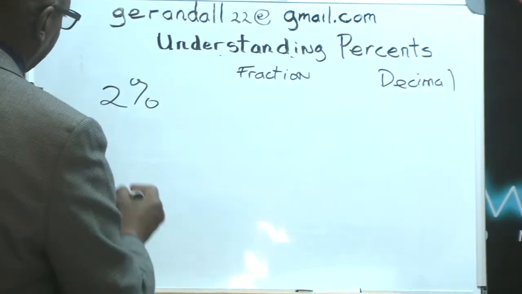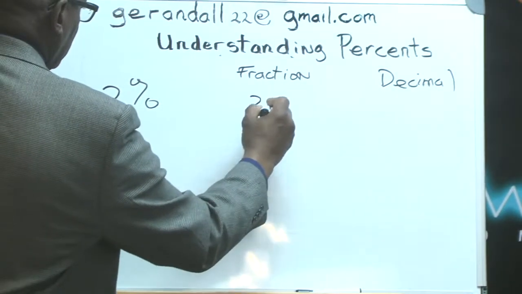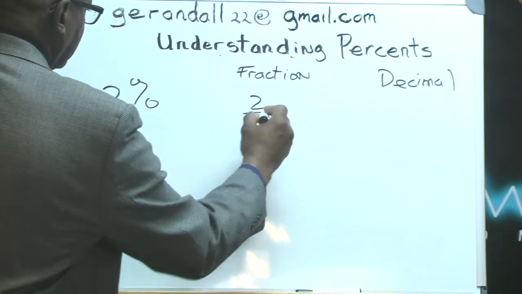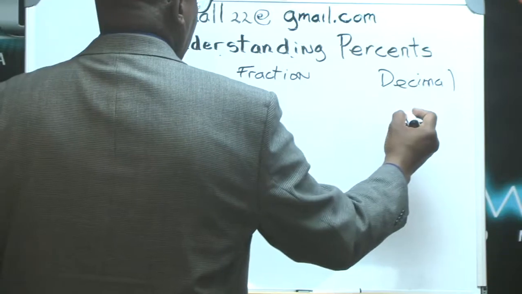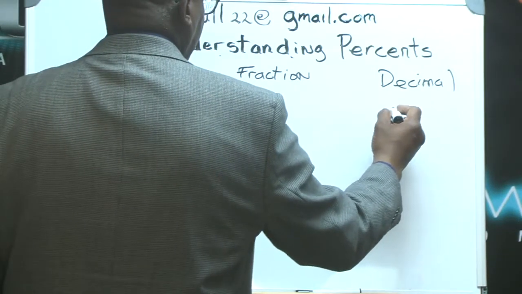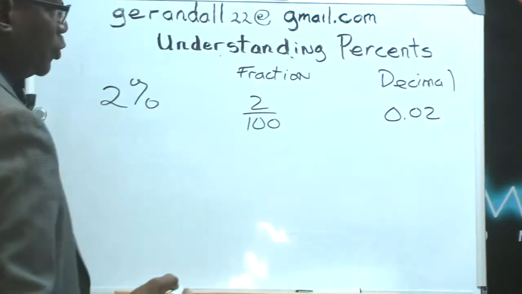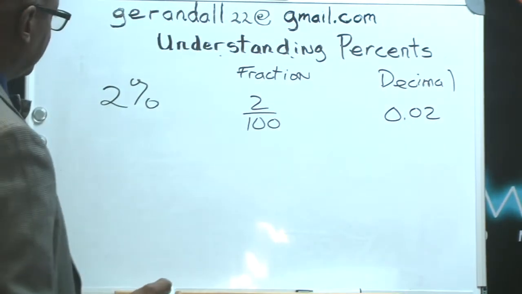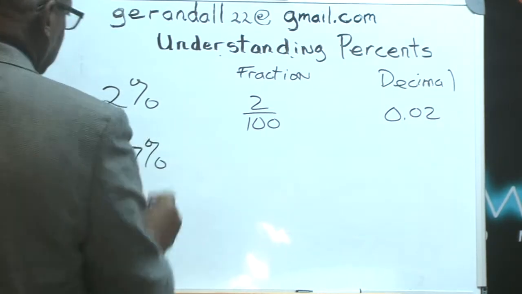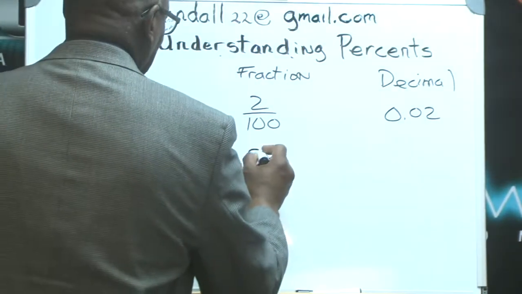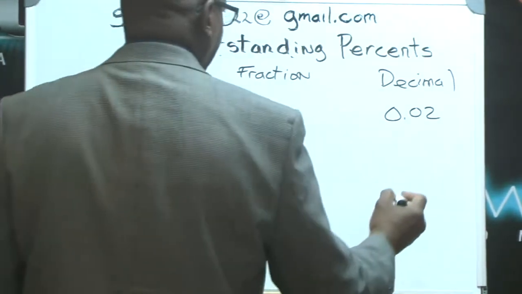And what did we say? 2% rewritten is 2 over 100. And that decimal would be 2 100ths. If we had 97%, the fraction would be 97 over 100, and the decimal would be 97 100ths.